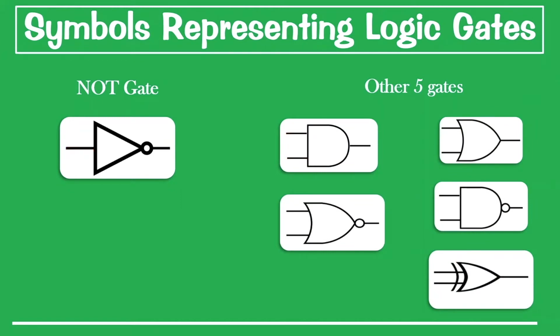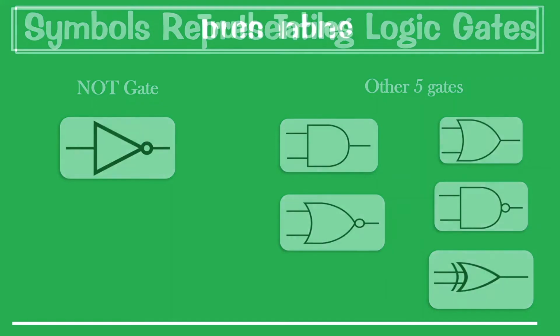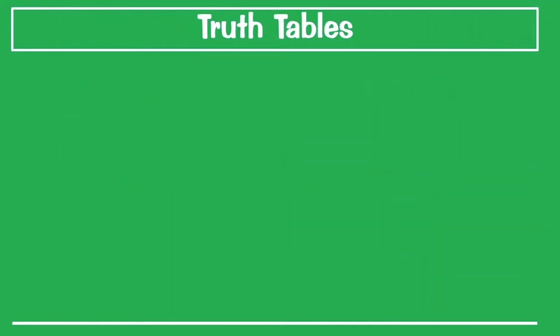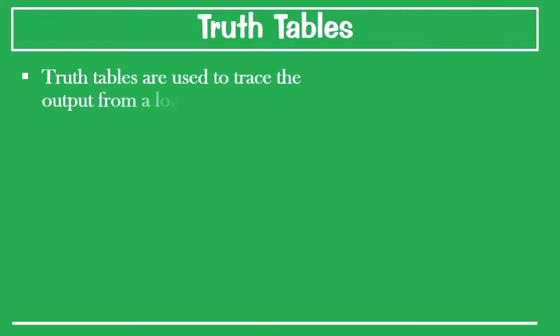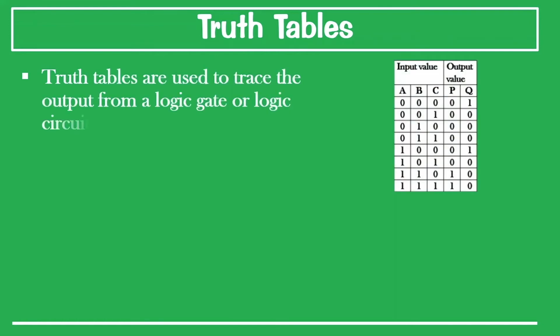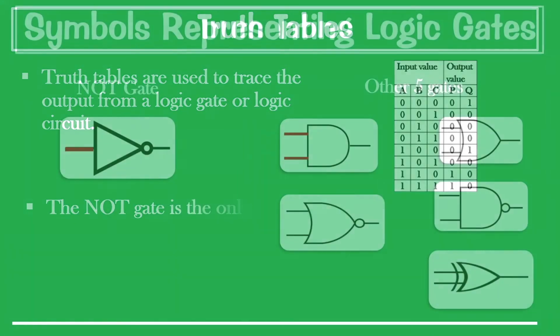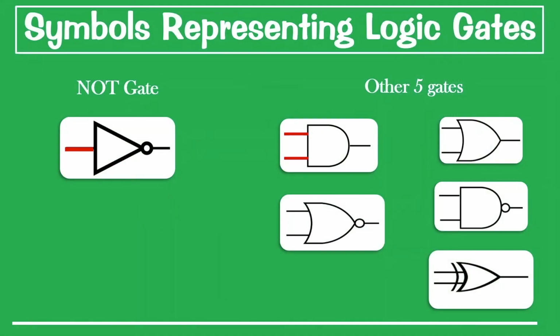Right, viewers, let's move on. We use truth tables to show logic gates function. Now, truth tables are used to trace the output from a logic gate or logic circuit. Remember that the NOT gate is the only logic gate with one input.